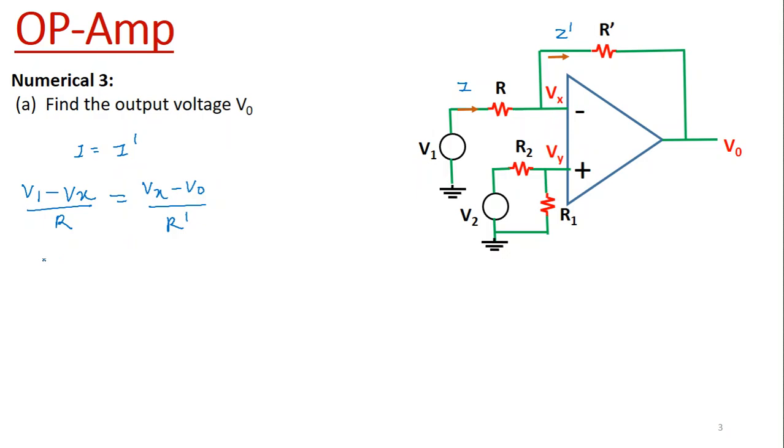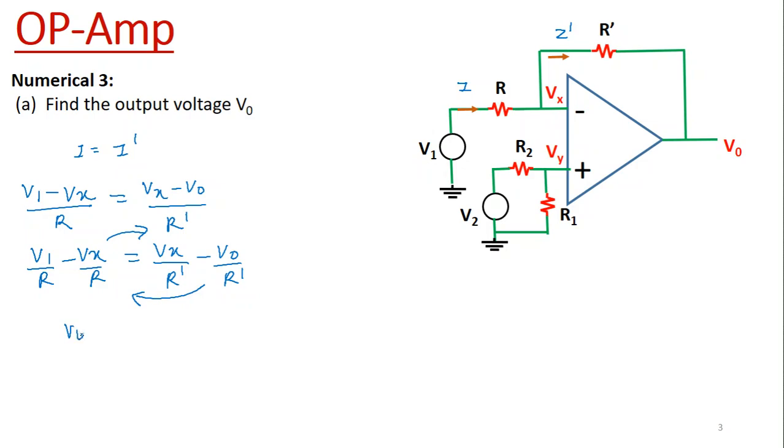Now we simplify this equation, we get V1 by R minus Vx by R is equal to Vx by R dash minus Vo by R dash. We shift all the terms of Vx and V1 to one side, and Vo terms to the other side.